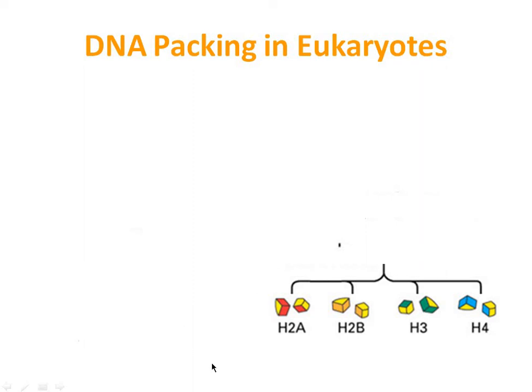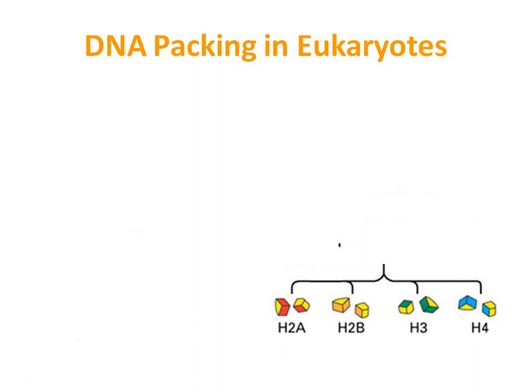The histone octamer consists of 8 histone proteins: 2 molecules of H2A, 2 molecules of H2B, 2 molecules of H3, and 2 molecules of H4.